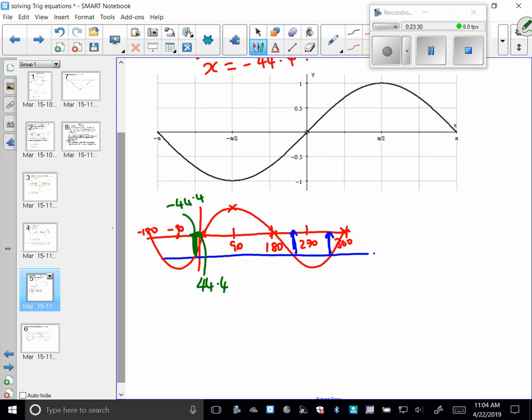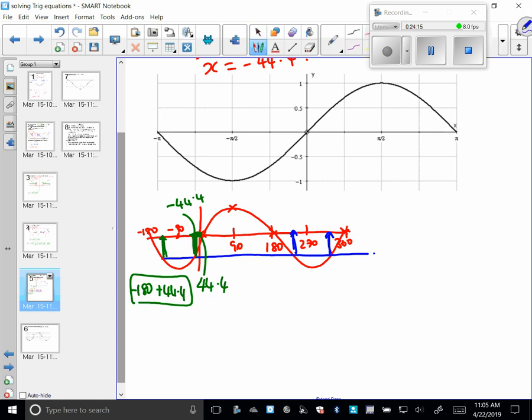Do you see where I dropped my negative? Because from 0 to that point is worth 44.4, yes? So what you would do to find this solution is negative 180 plus 44.4. So this value is just 44.4, which means that this value would be 44.4 less than negative 180 plus, so you're going to do negative 180 plus 44.4. Yes? So it becomes less negative.